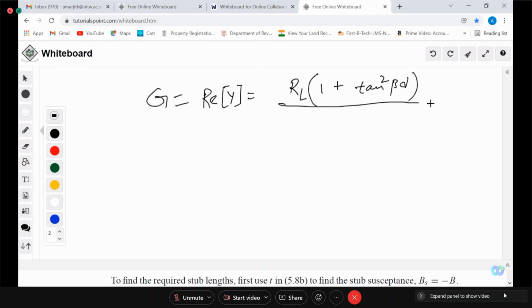Divided by RL square plus XL plus Z naught tan beta d.